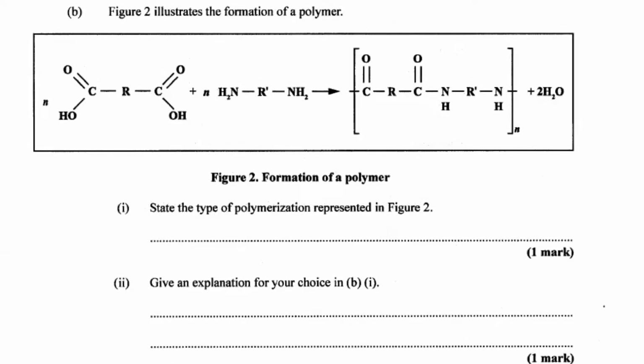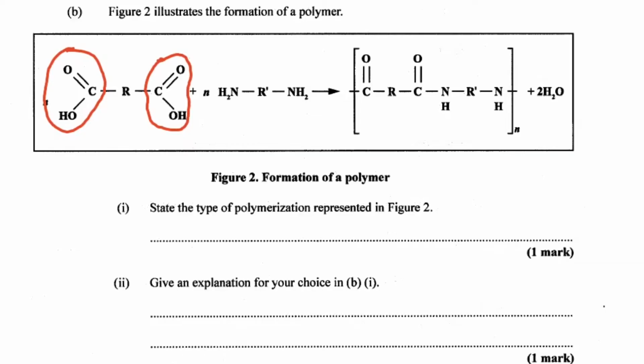We have what looks to be a diacid compound on our left here with two COOH groups, which is the functional group for carboxylic acid. So this is a diacid. And the other compound appears to be a diamine.